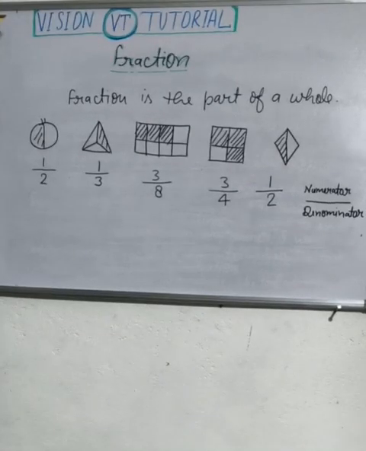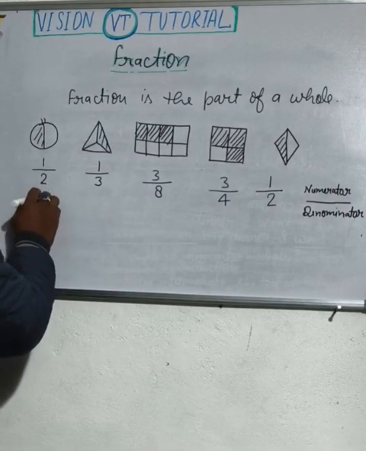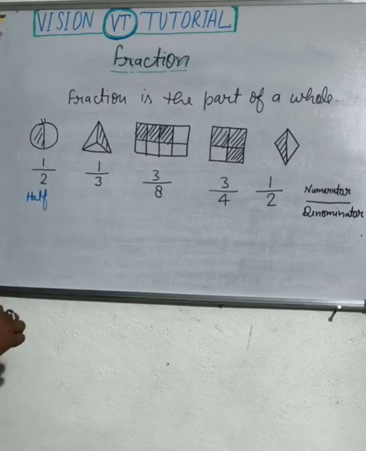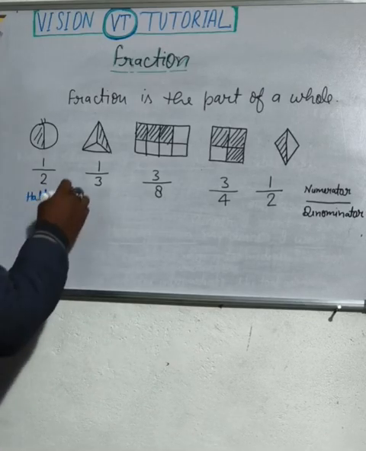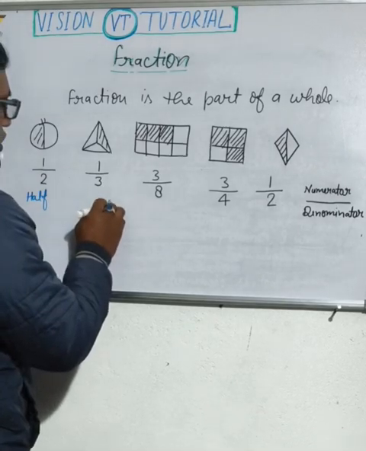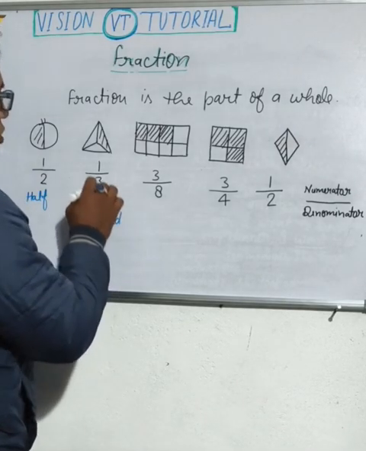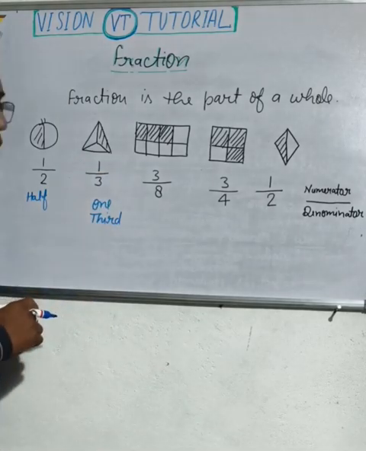Okay, class? Do you know what this 1 upon 2 is called? This is called half. 1 upon 2 is called half. And 1 upon 3 is called one-third. Suppose I have taken 2, so it will be 2 upon 3, two-thirds.